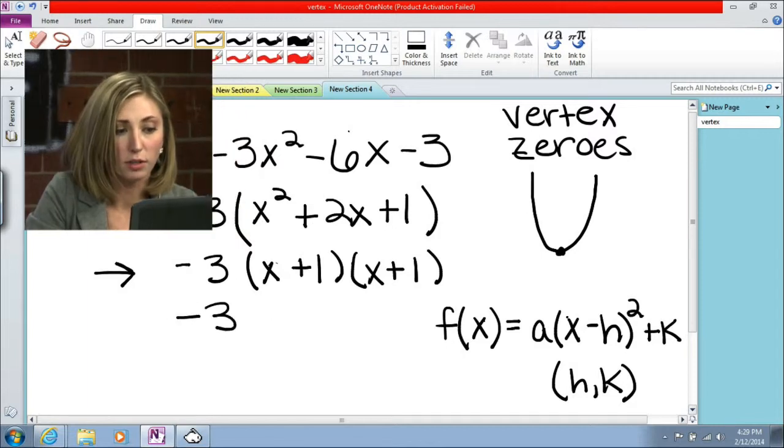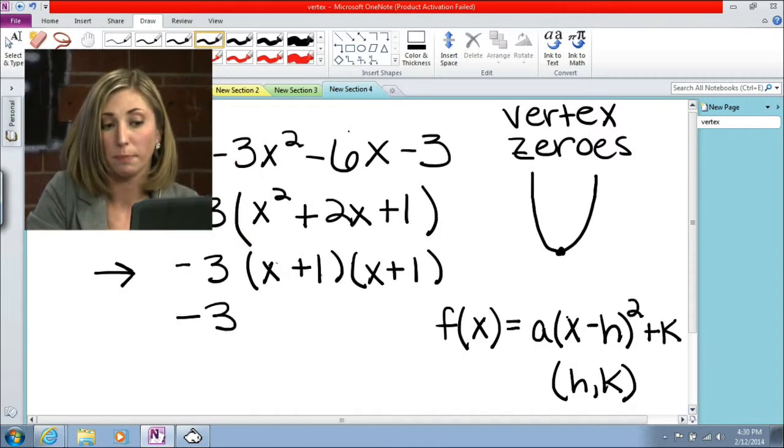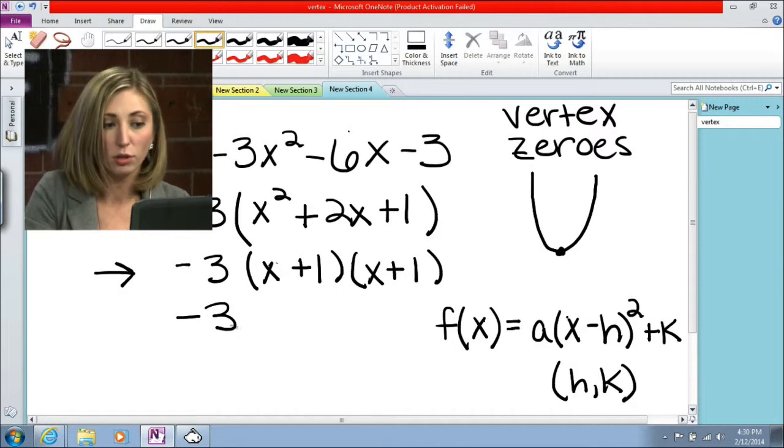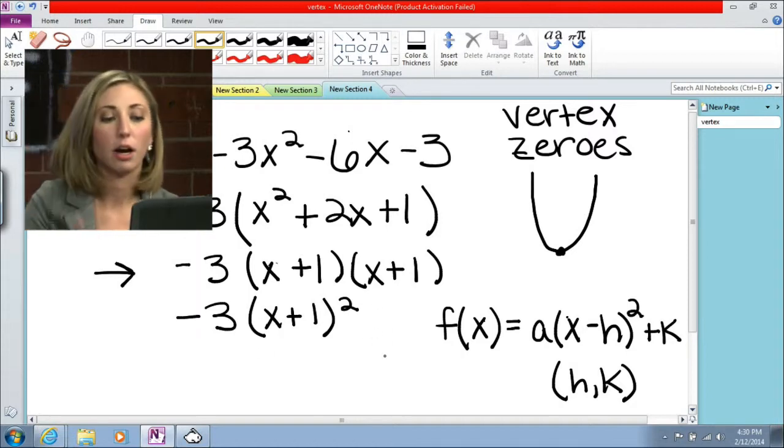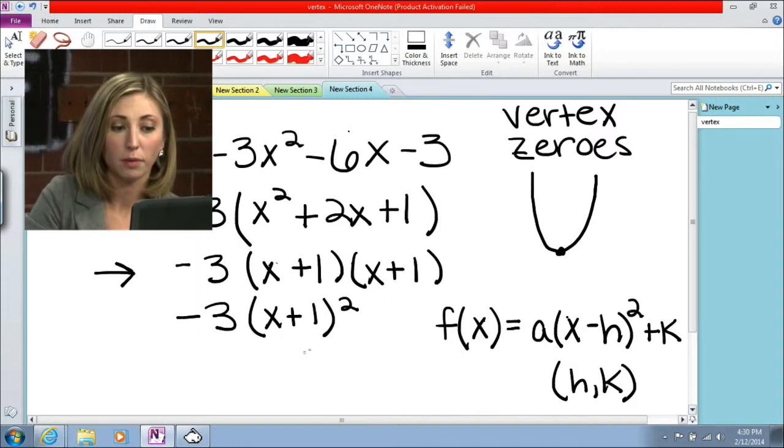So because x plus 1 times x plus 1, we have two of them, I can rewrite it like this. And so now you can see that our equation is in vertex form.